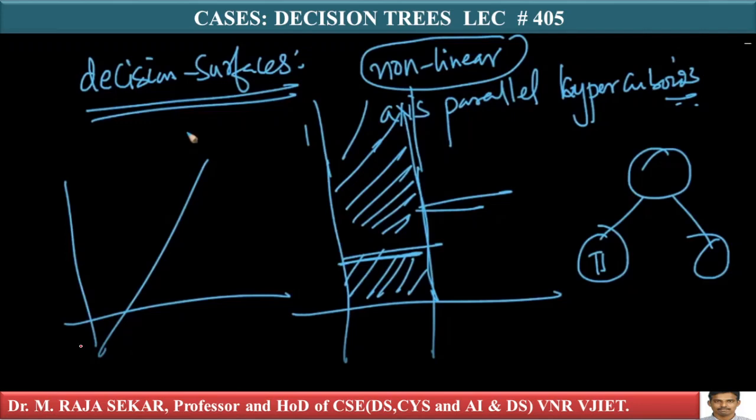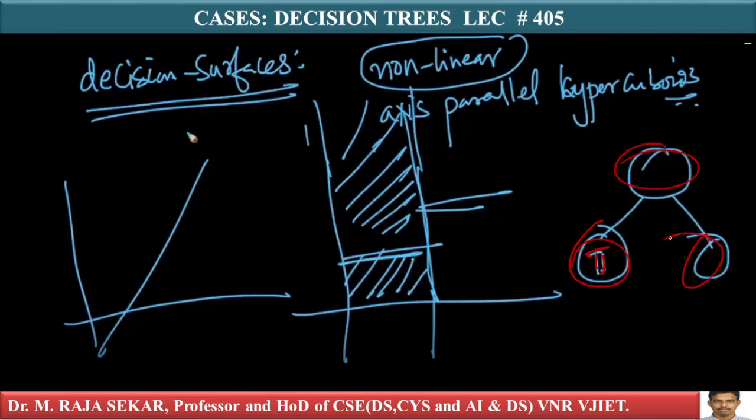Every node corresponds to a plane. Each of these nodes has a plane corresponding to it. Just see, here you have a node, this is a node, this is a node.